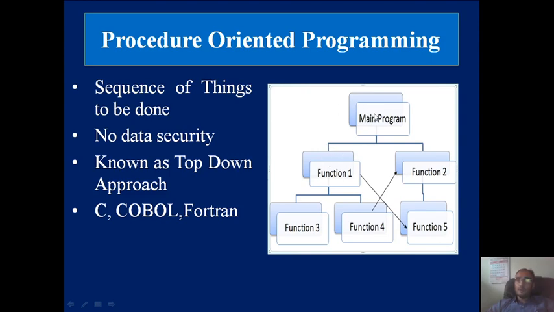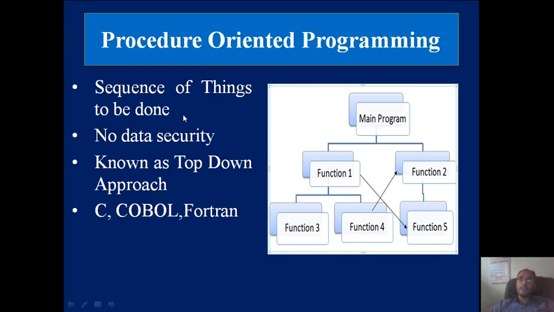If you remember, for example, suppose we want to make a calculator, what we were doing is writing different functions for addition, subtraction, multiplication, and division, instead of clubbing all this functionality into a single function. So we were developing different modules based on the functionalities. In procedure-oriented programming language, the main focus is given on the sequence of things to be done.